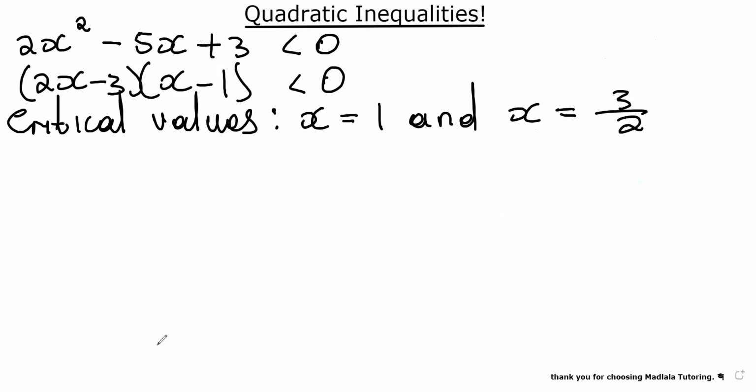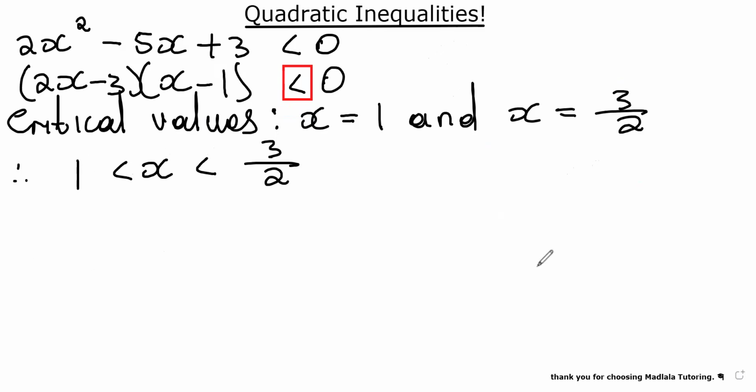So we now understand that we are looking for where the function is below the x-axis. And for this one, I'm not going to draw the graph, but since the coefficient of x squared is positive, I know that the function is facing up, and where it's negative, it's for values of x that are less than 3 over 2, but greater than 1.